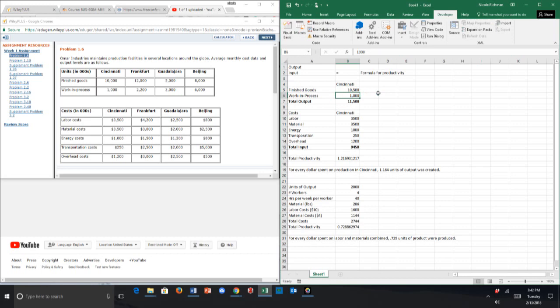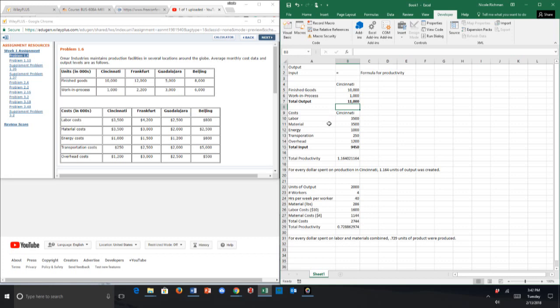Now we can change all of the calculations without having to go back and re-enter all of the other information. So we use the sum formula and highlight both of these 2 cells, and our total output was 11,000.